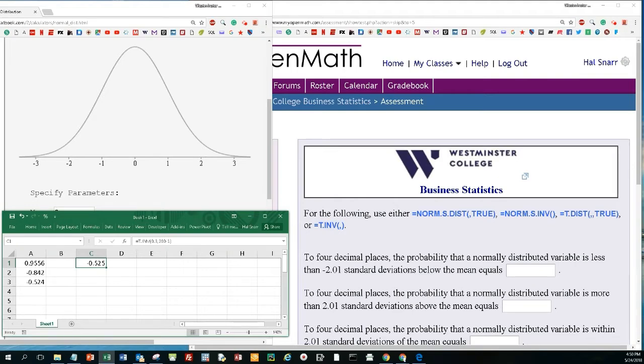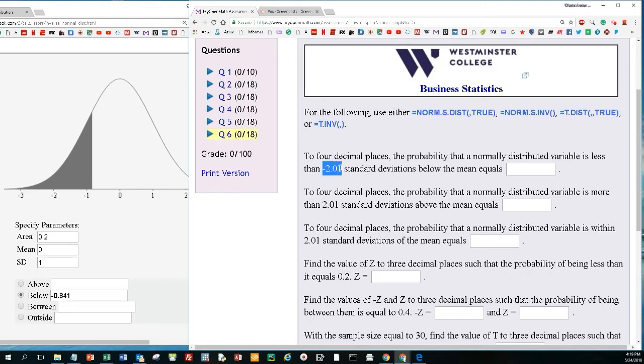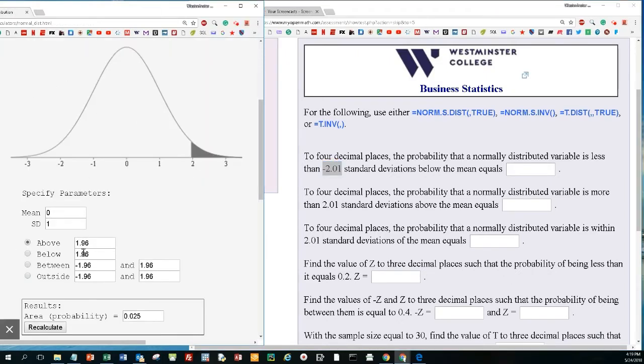So the first question is, we want to know the probability of being less than negative 2.01 standard deviations below the mean. So what this looks like is we're going to paste this value into this website here. I'm going to click on below.